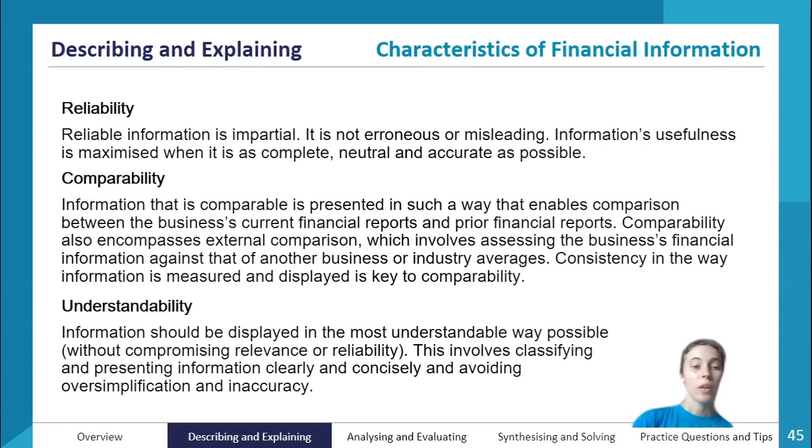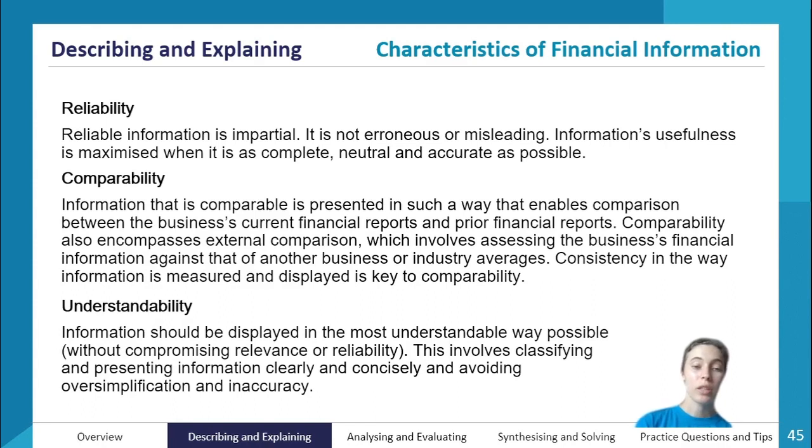So reliability, this is about, it's important that information is impartial, so it can't be full of errors, it can't be misleading in any way, because it's most useful when it is complete, so there's nothing missing, it's neutral, so no sort of biases have influenced the way it's presented or what's included, and it's as accurate as possible as well.